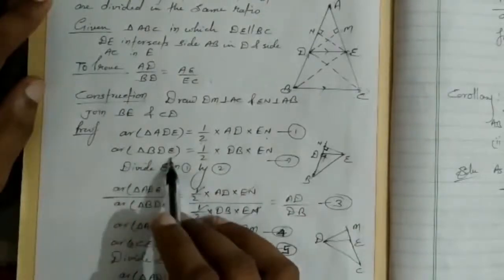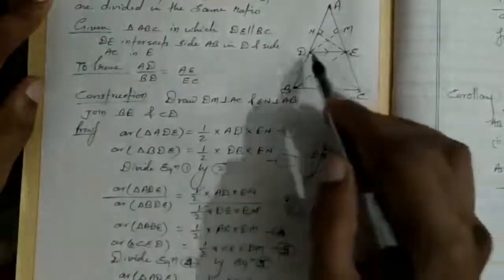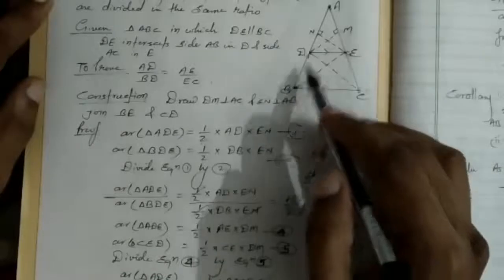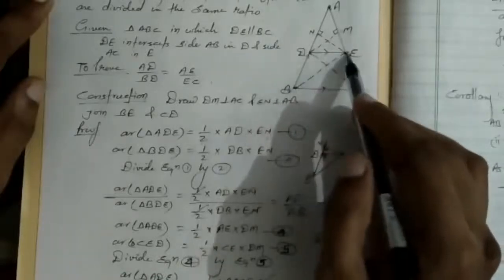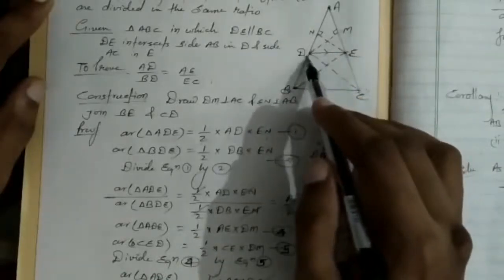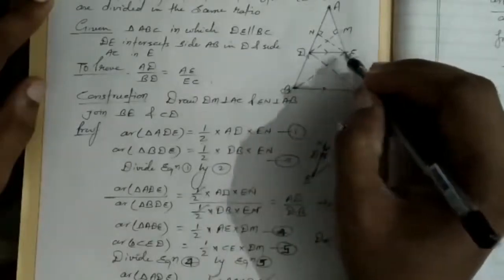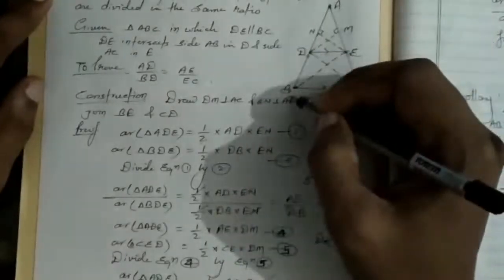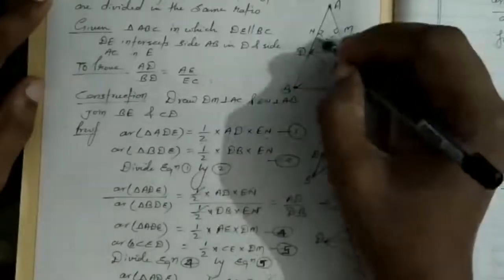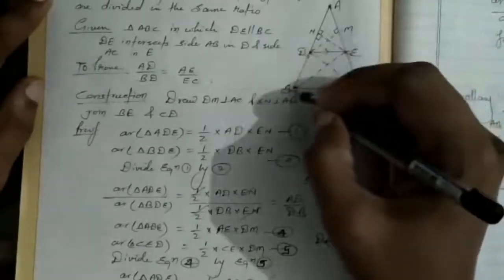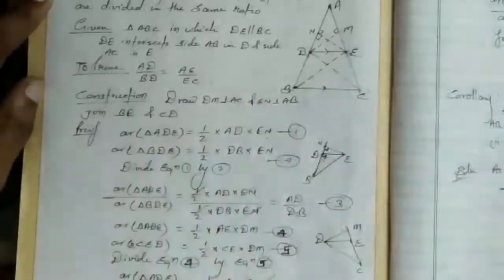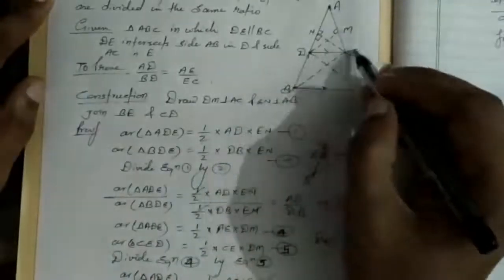Similarly, you find the area of triangle BDE. You can see here, BD is the base, and we have drawn the perpendicular on AB from E, that is EN. So BD is the base and EN will be the height of triangle BDE.